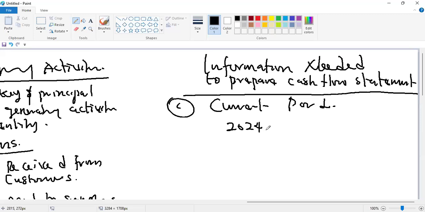If you give me 2024 and 2023, I don't need 2023. I only need the 2024 current year P or L.